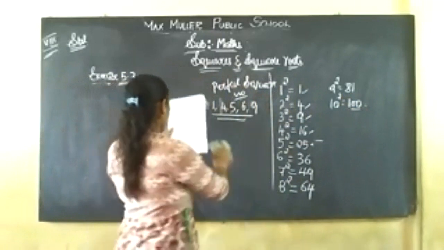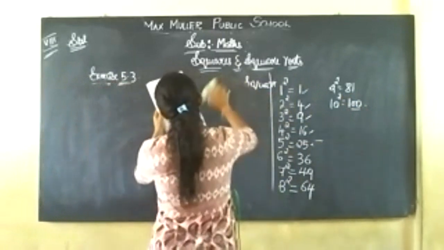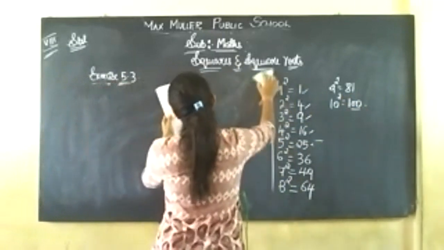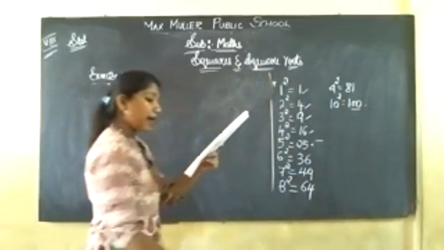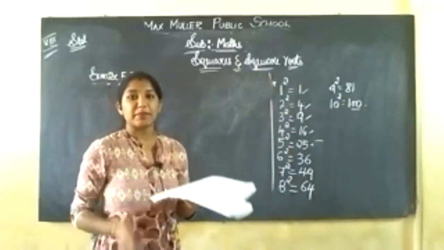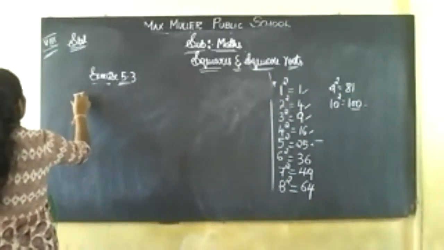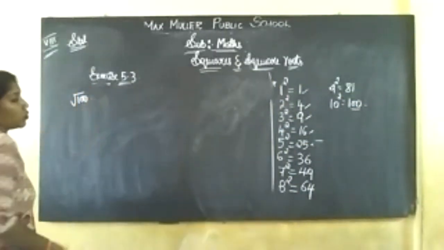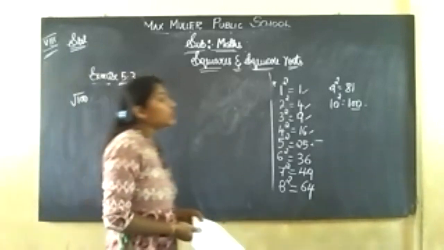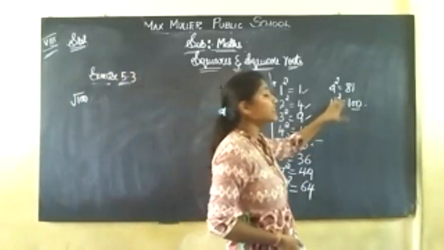Now, find the square roots of 100 and 169 by the method of repeated subtraction. There is another method. You have to find the square root of 100. You know the square root of 100 is 10.